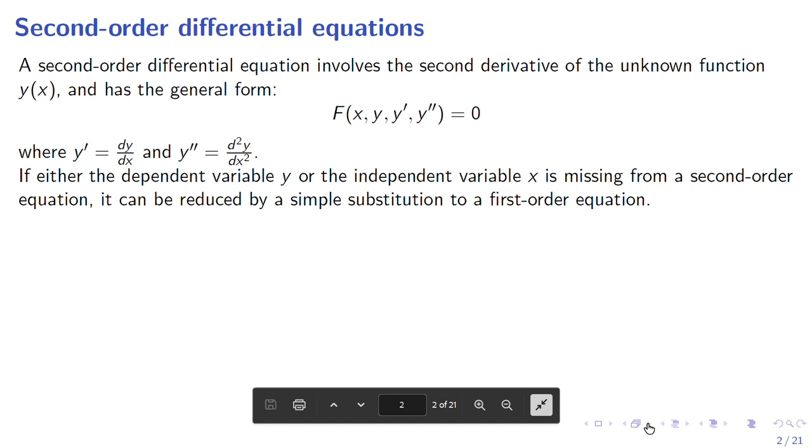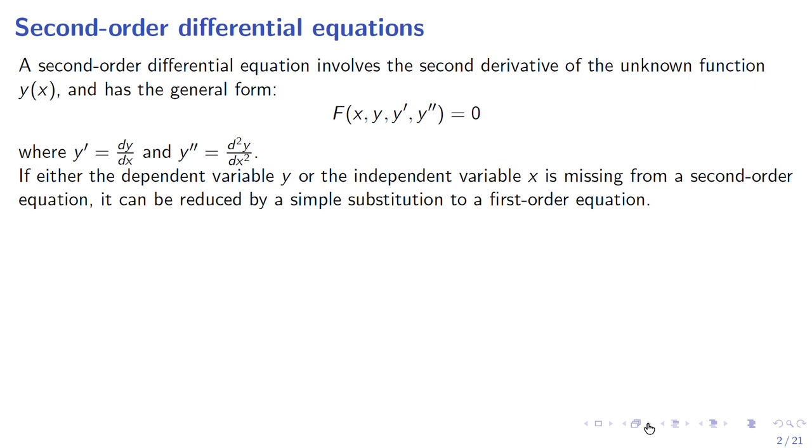Okay, so the second order differential equations will involve the independent variable x and the dependent variable y and its first derivative and also the second derivative. So a function of all of these four will be a second order differential equation.